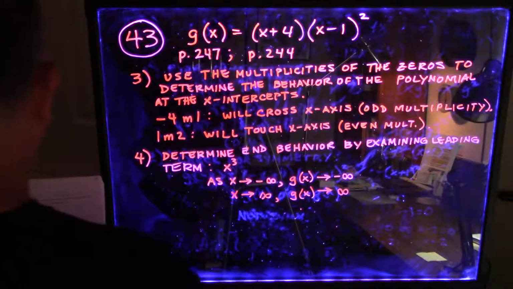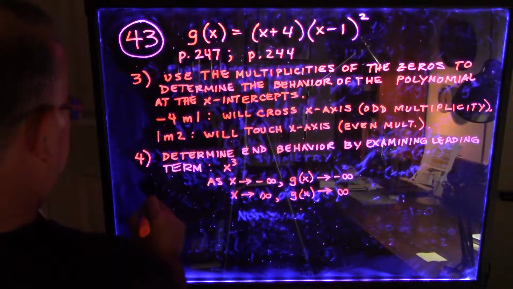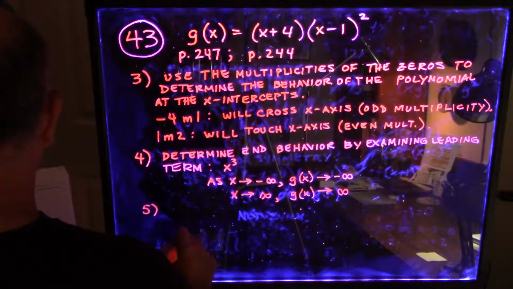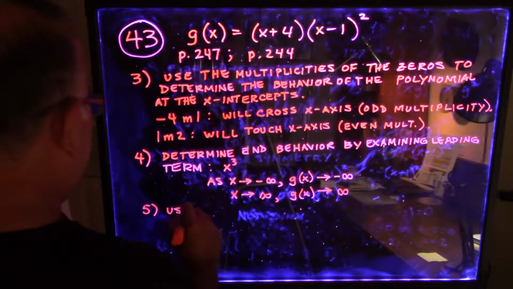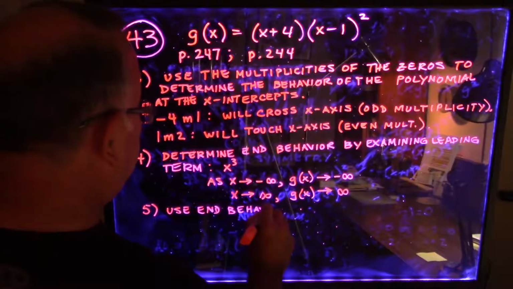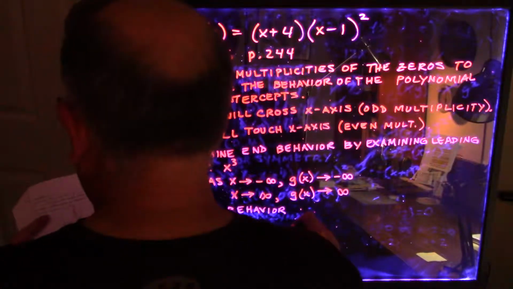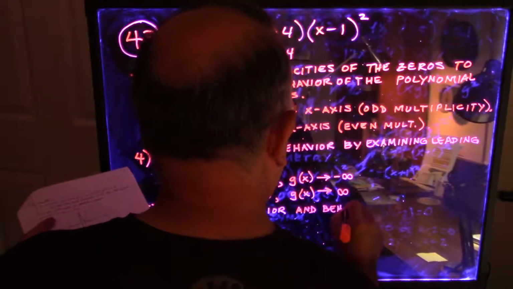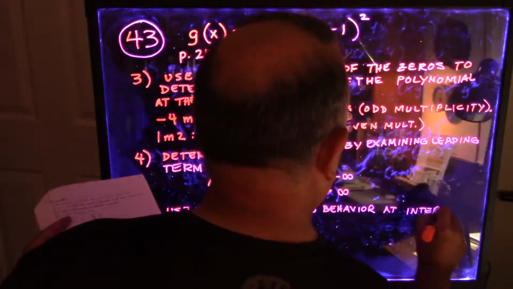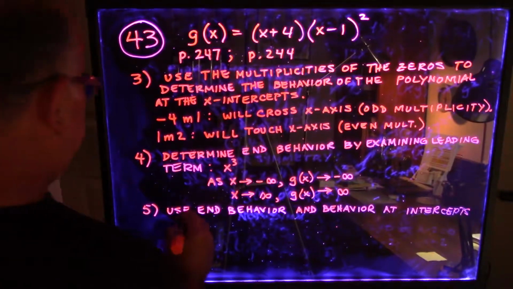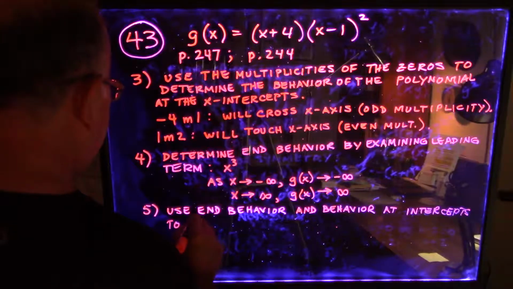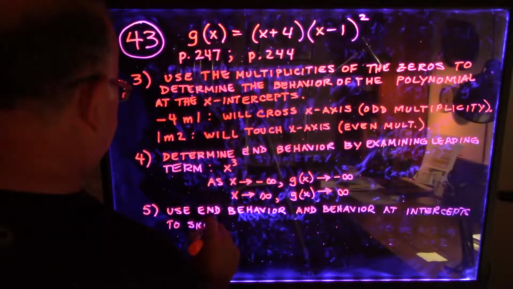Okay, so number 5, use the end behavior and the behavior at the intercepts to sketch a graph. So this is going to be a rough sketch. It doesn't have to be exact.